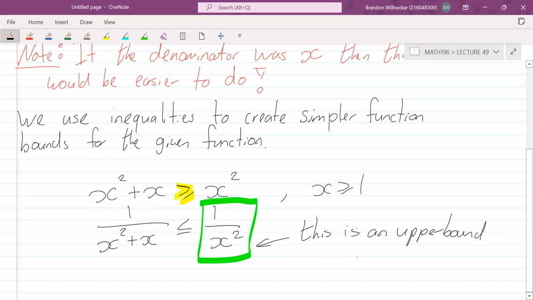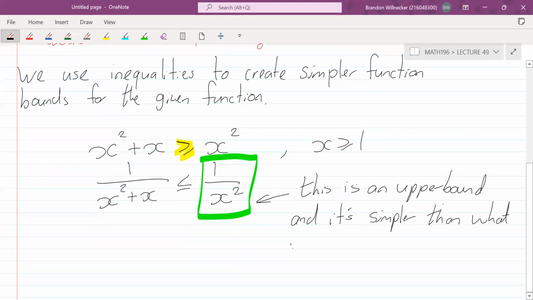Sorry, this is an upper bound, and it's simpler than what we started with. So it's much easier to work with this 1 over x squared instead.